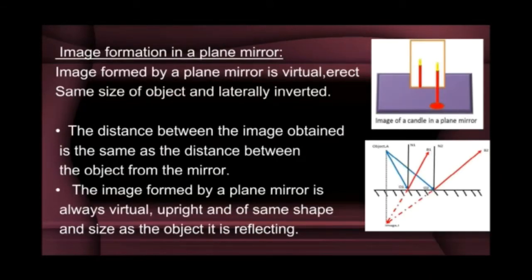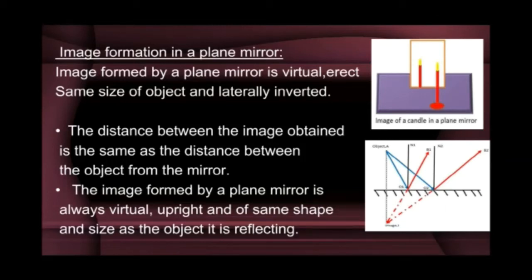Image formation in a plane mirror. You can see it with the help of the given images and the ray diagram also. The image formed by a plane mirror is virtual, erect, the same size as the object, and also laterally inverted.